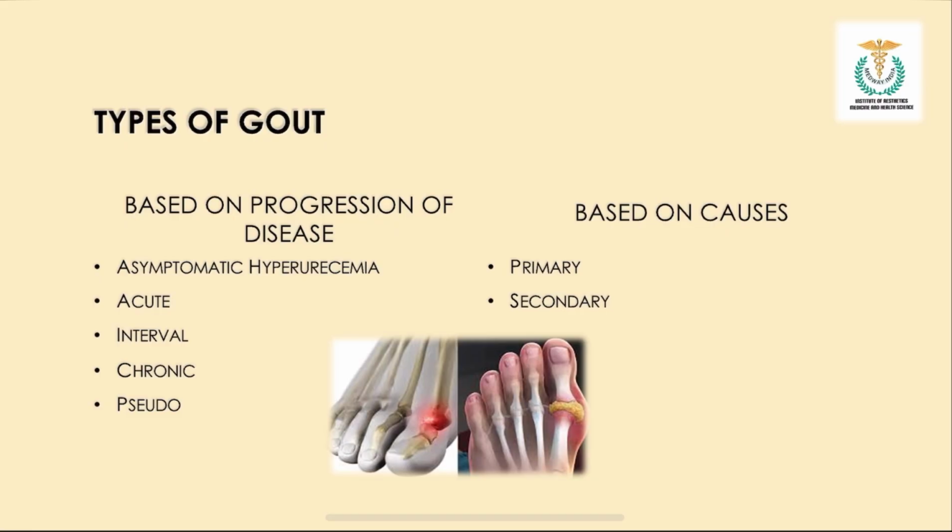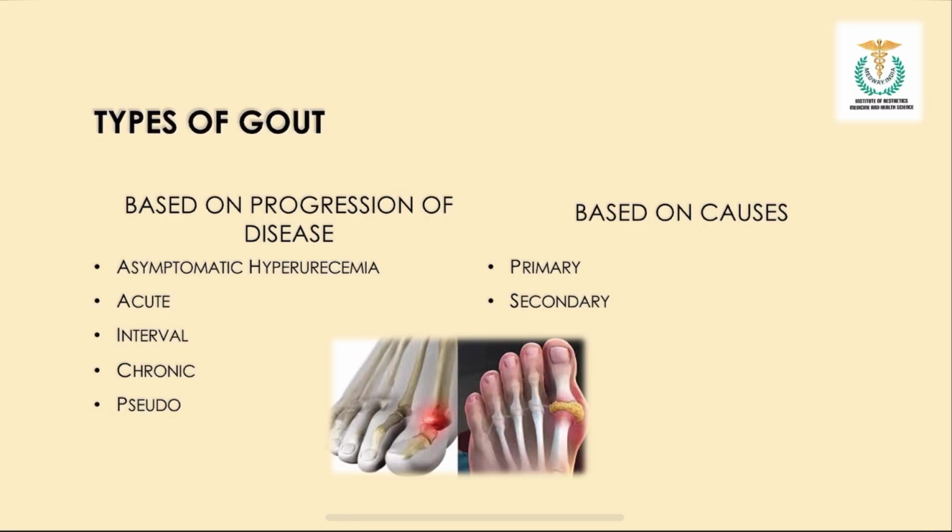Coming to the types of gout, they are divided based on a few categories. The first one is based on progression of disease. Asymptomatic hyperuricemia: in this, the patient will not show any symptoms, and uric acid levels will increase, and patients are treated by non-pharmacological management, where we can prescribe lifestyle changes.